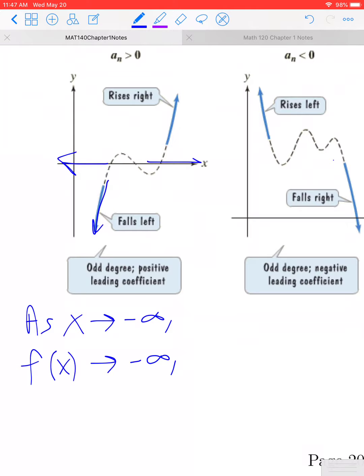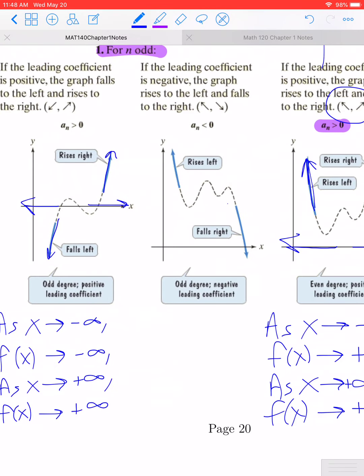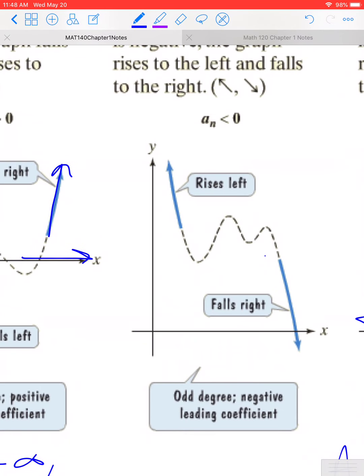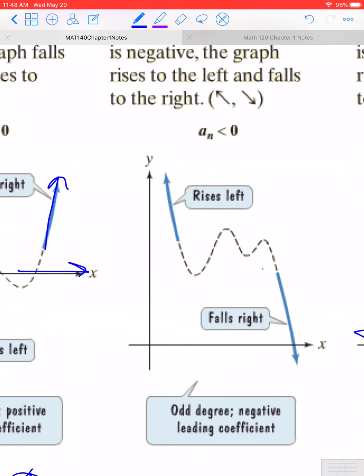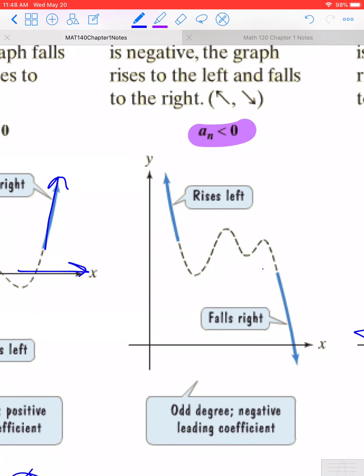On the other hand, as x approaches positive infinity, we see that the graph is going up and up and up. Therefore, the function values f of x will approach positive infinity. And then you can take a look at the last case. If n is odd and the leading coefficient is negative, then the graph will go up to the left.